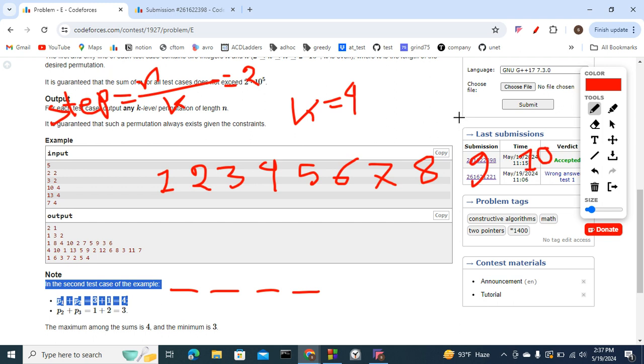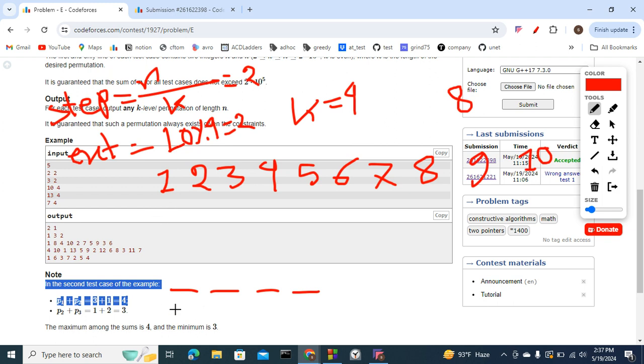If we consider 2 steps for each of the initial 4 elements, then the total is 8. But there are also 2 extra steps. The extra steps are 10 mod 4, which is 2.